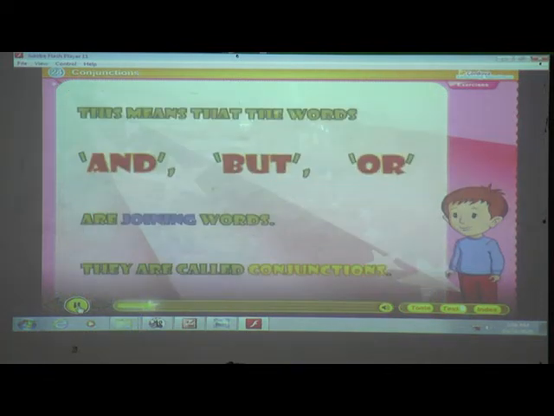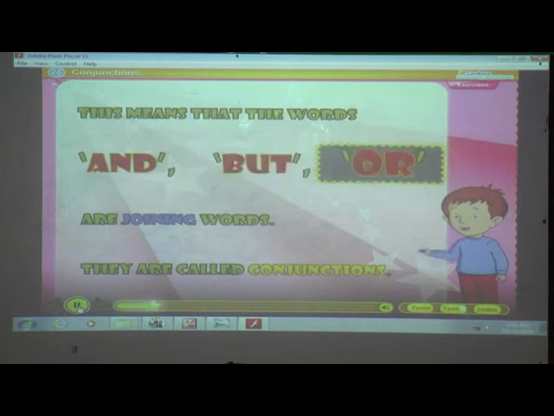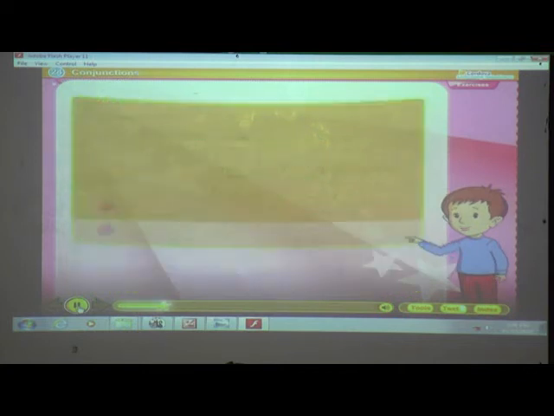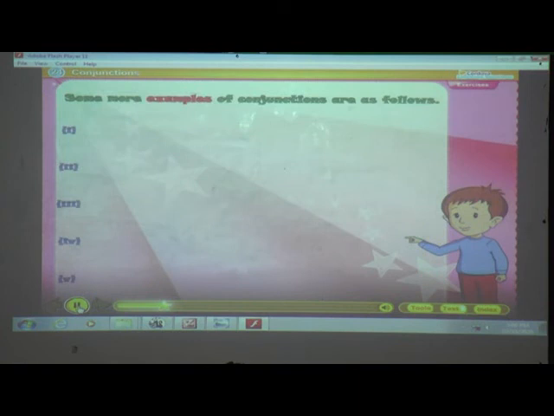This means that the words and, but, or are joining words that are called conjunctions. Conjunctions are joining words. They are used to join two or more words or sentences. Some more examples of conjunctions are as follows.